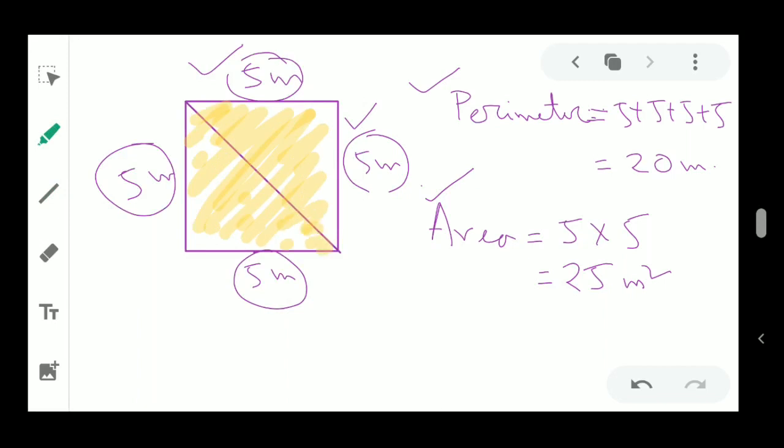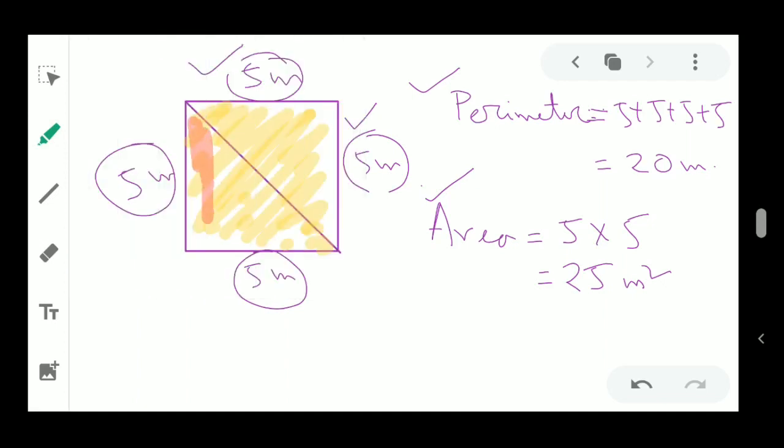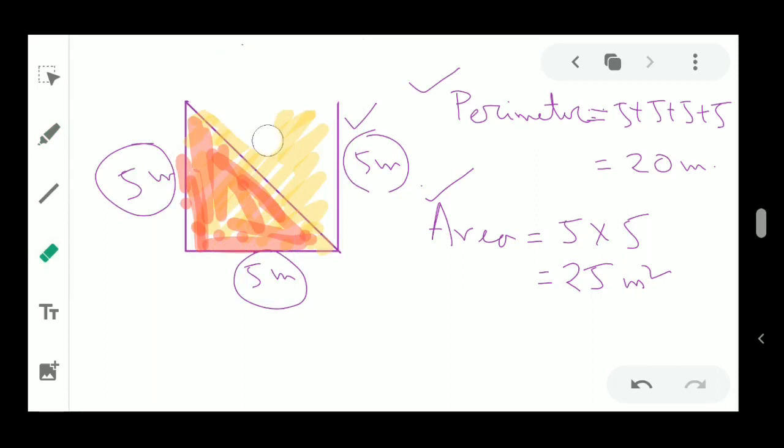But what if I want to split this whole square into two parts? One part is this one, and another part is that one. Now what will be the area of one part only? I'm just rubbing the first part.